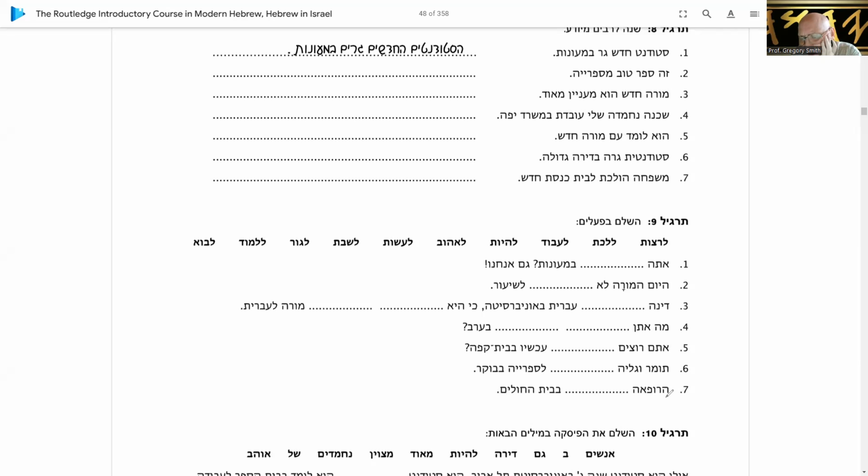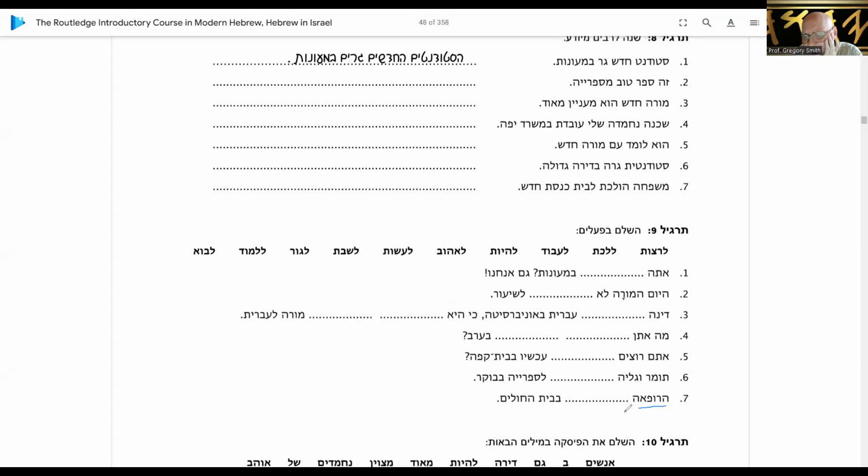Okay, let's see, Harofa, so that's the doctor, blank. Bavet Haholim. Okay, so that's Bavet Haholim is like the hospital. That's like a house of the sick, the hospital. Bavet Haholim. Yeah, to the hospital. לבית החולים.